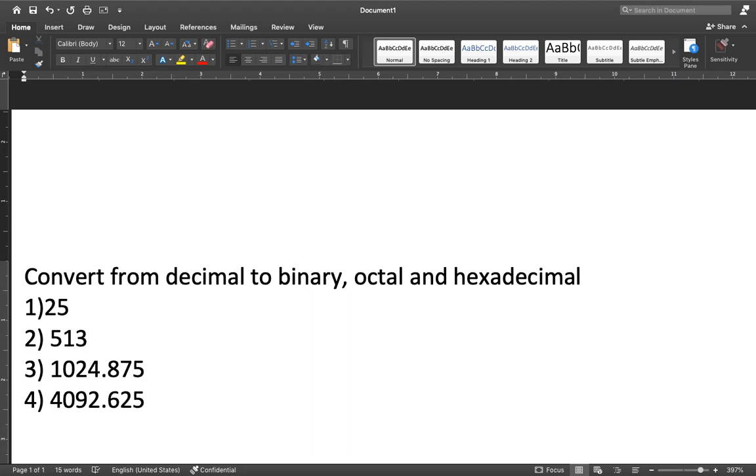I want you to convert these from base 10 to binary, octal, and hexadecimal.